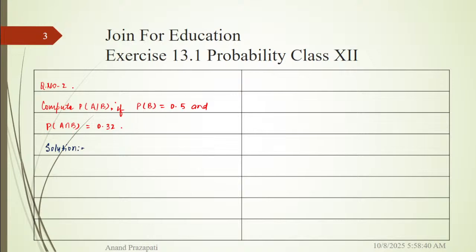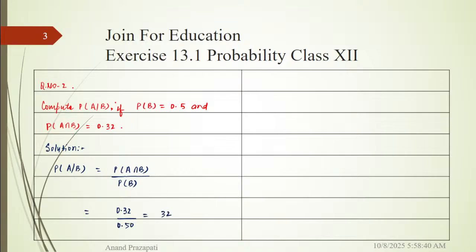We recall the relevant formula. So we know that probability of A by B equal to probability of A intersection B by probability of B. Now putting the value of probability of A intersection B and probability of B, then we get here 0.32 by 0.50.